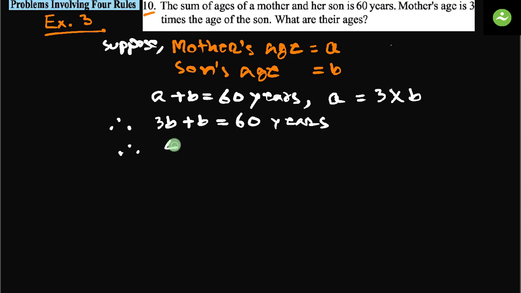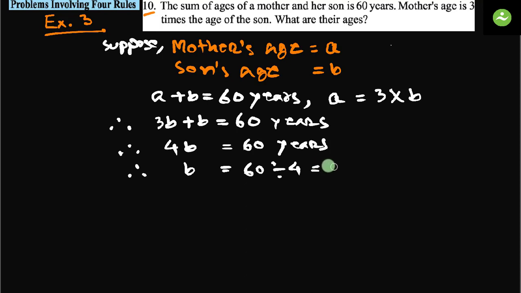Therefore 4B equals 60 years. Therefore B equals 60 divided by 4 equals 15 years.